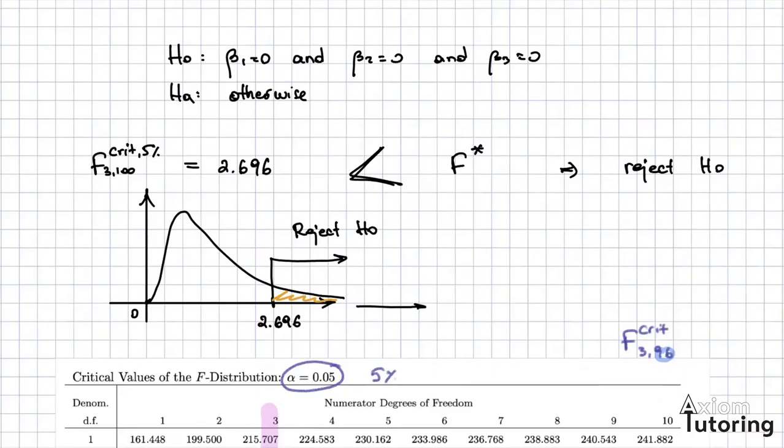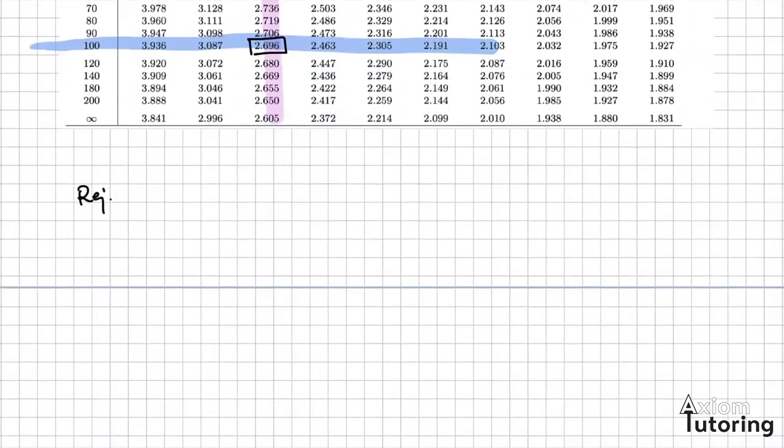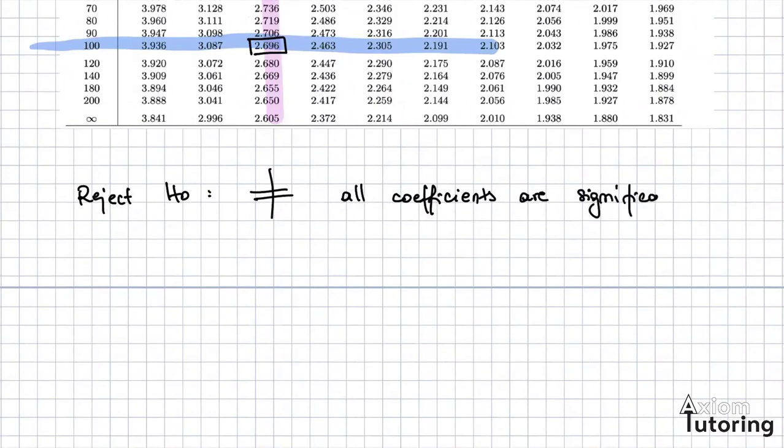Now, keep in mind that if you reject the null hypothesis, in this case, it does not mean, so it's not equal to saying, that all coefficients are significant. And it's also not equivalent to saying that the model is causal.